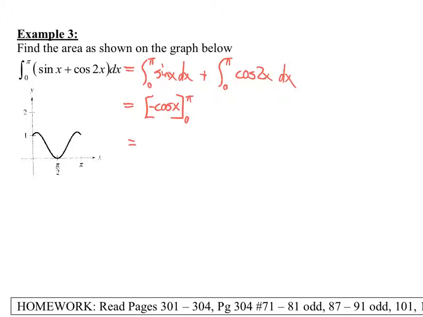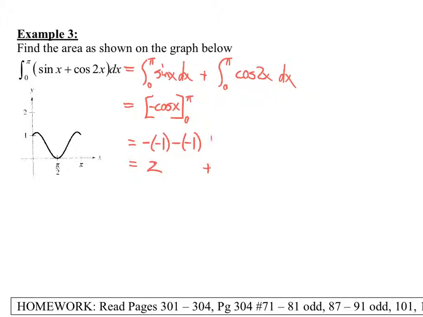Now let's go ahead and finish off this part. What's cosine of pi? Negative 1. So that's a negative 1. What's cosine of 0? 1. Okay, so that's going to be negative 1 minus negative 1. Okay, got a lot of negatives in there to keep track of. Alright, so that's going to be 1 plus 1, which is 2.